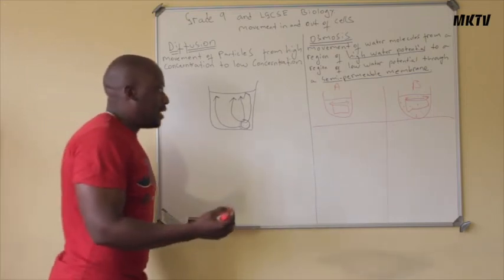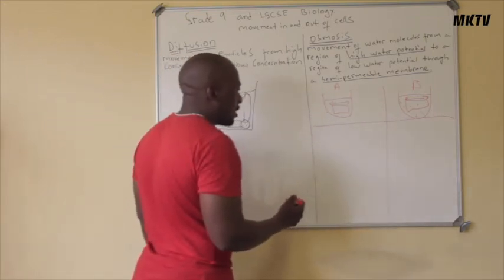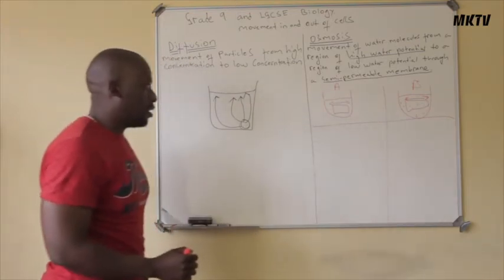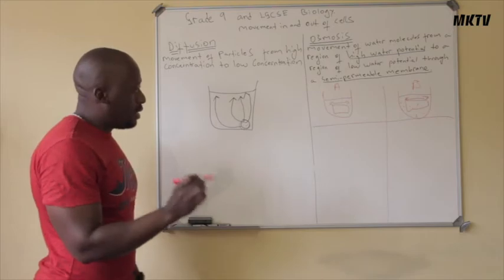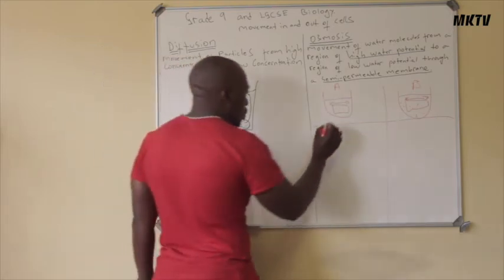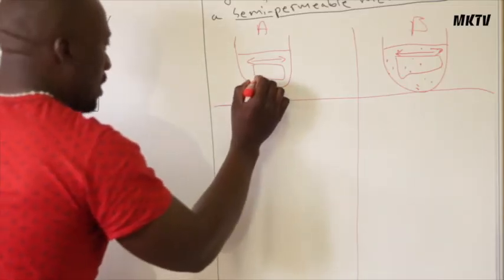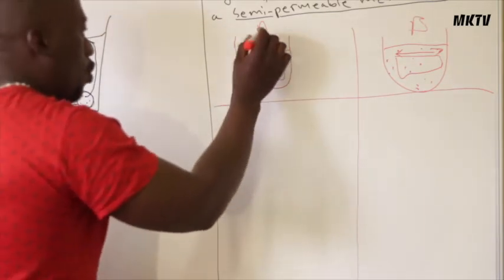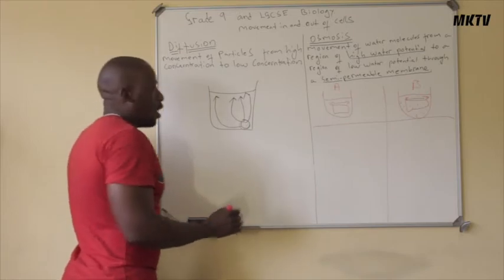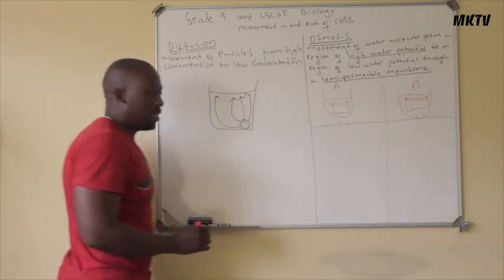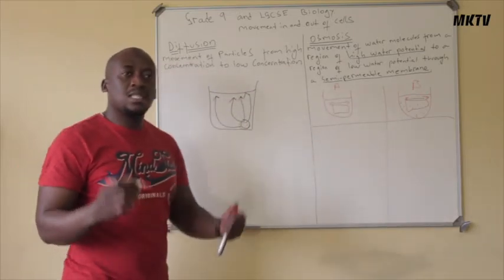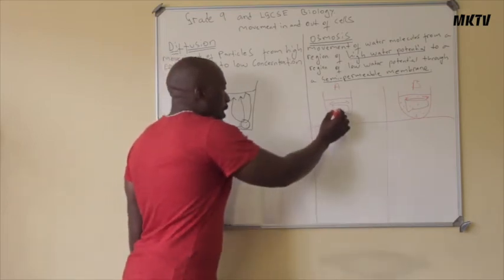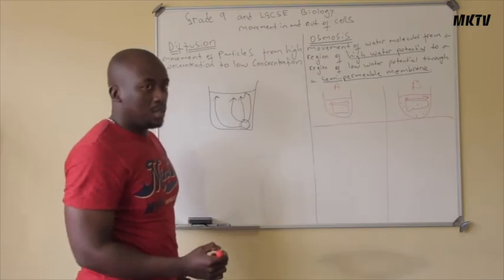Then, after that, there are some differences. There is something that you are going to see after we have done this experiment. The potato that was in pure water, after you remove it from the pure water, you put it back on the scale. You are going to see the difference in masses. This potato is going to shrink a bit.